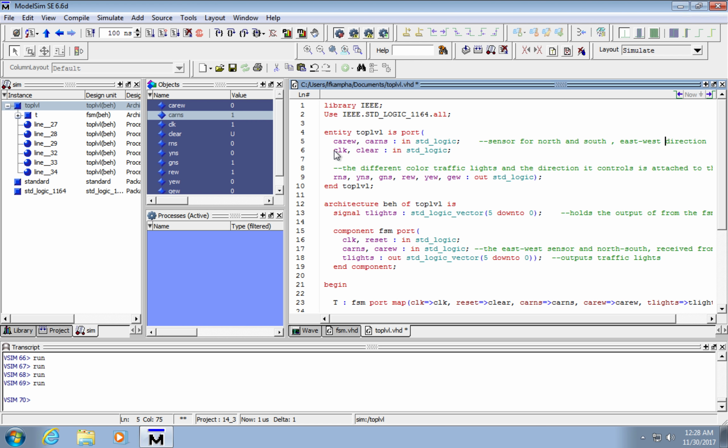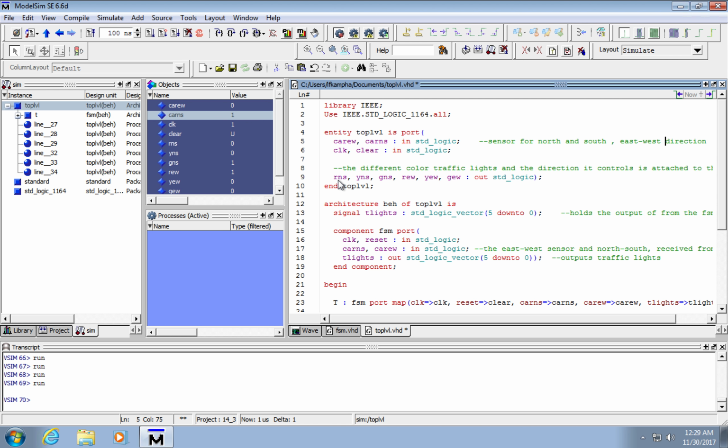And I also have a clock and a clear input as well, which, these four here, will feed into the finite state machine.